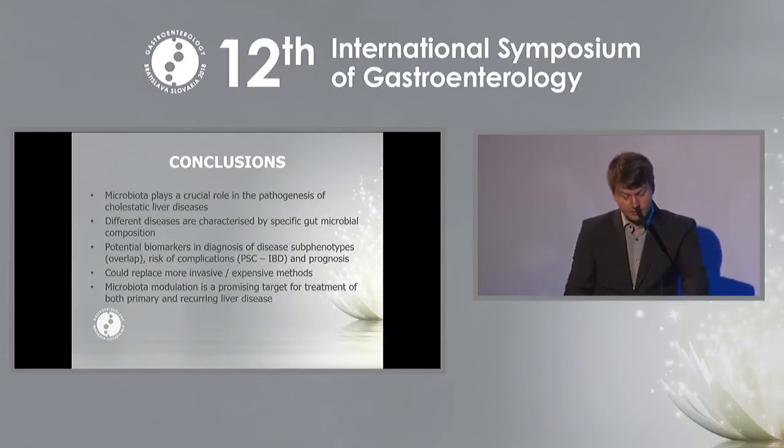And hopefully microbiota modulation could be a promising target for treatment of both primary and recurring liver disease, but of course it has to be addressed in future prospective studies.